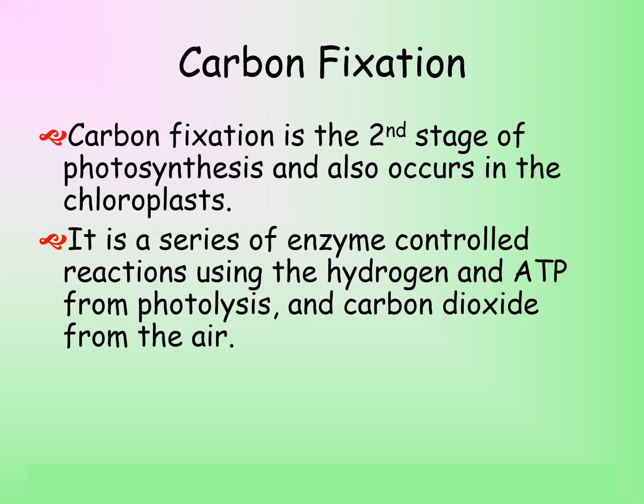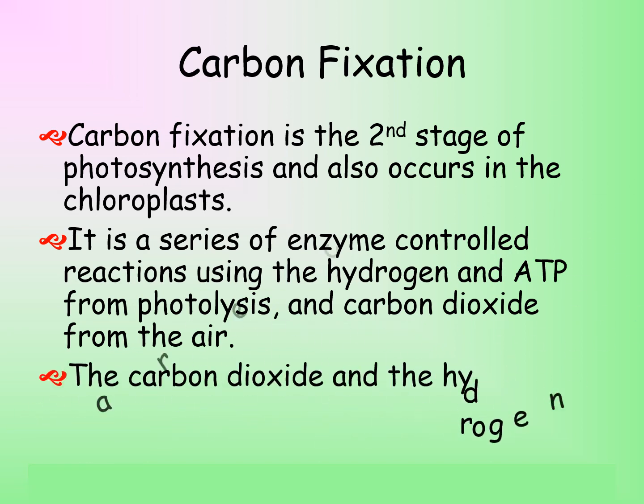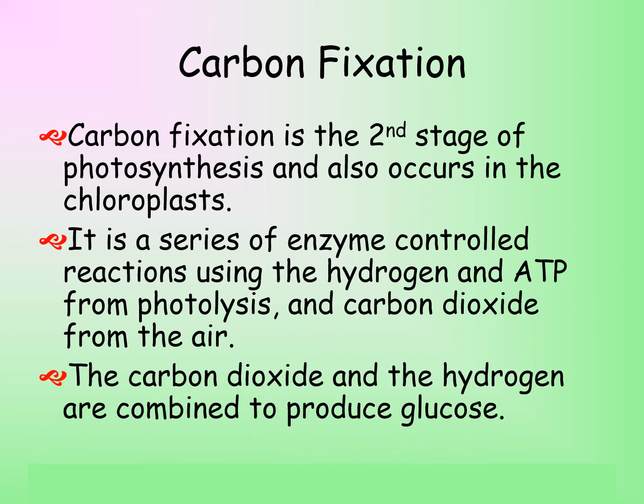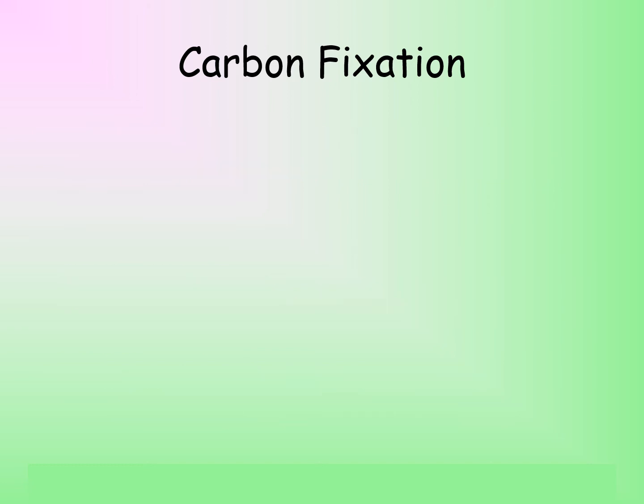So carbon dioxide plays its role in this stage, and actually the whole stage is named after carbon dioxide, carbon fixation. The carbon dioxide and the hydrogen join together to produce glucose. So CO2 plus hydrogen combined together with help from energy from ATP allows you to make glucose. So carbon fixation.